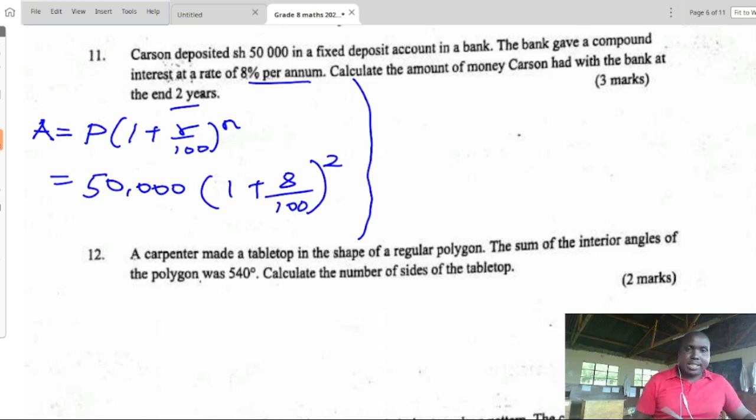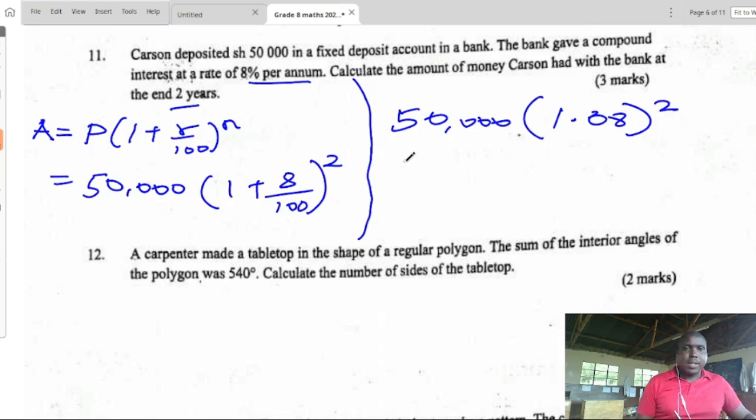You will be using a calculator. You will press 50,000 times 1.08 raised to power 2, and the answer is 58,320. So this is the total amount in Kenya shillings.